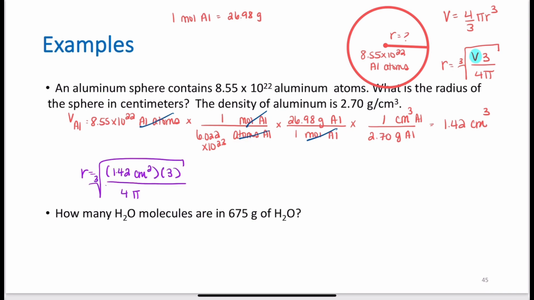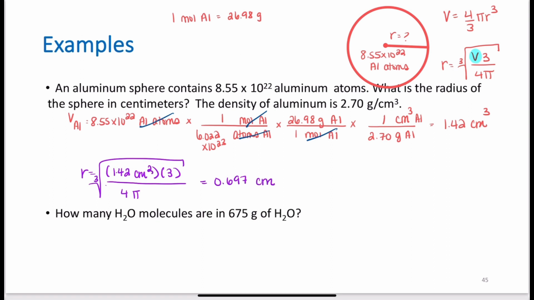If you're not sure how to do a cube root, the easiest way to plug this into your calculator is to type in 1.42 times 3 divided by 4 divided by pi, all of this in parentheses, and then raised to the 1/3, or hit enter and then raise to the 1/3 if you don't have a simple button for a cube root. That gives 0.697 centimeters.